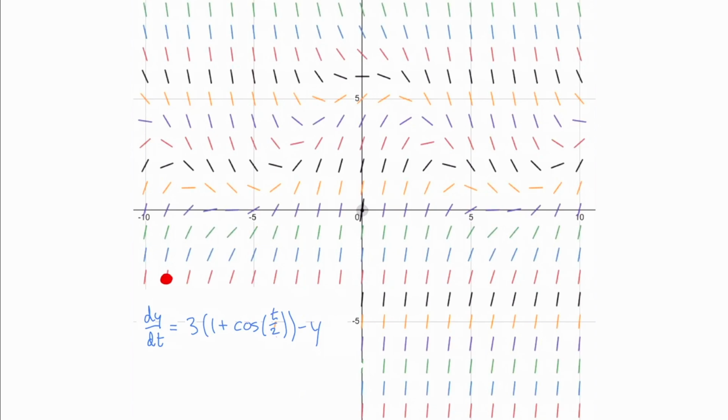Okay, so what I've done here is I've chosen 3 different initial conditions to try out, these 3 dots, and I want to see how it behaves. So whenever we start, let's start with this one down here.